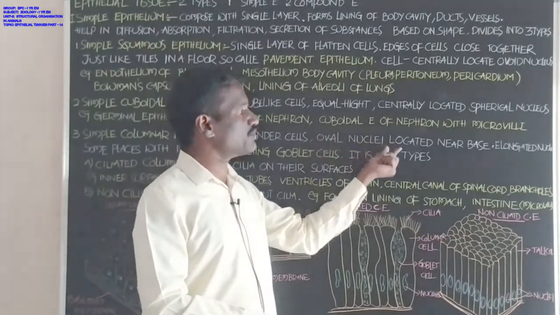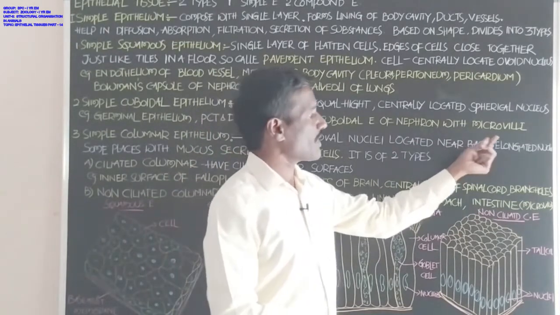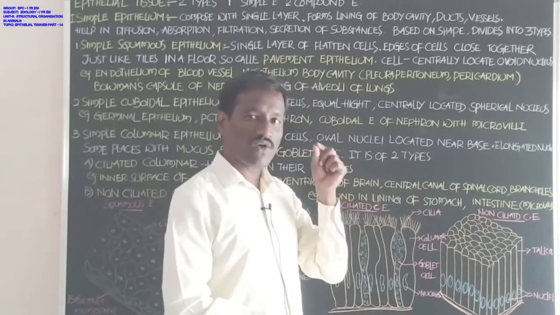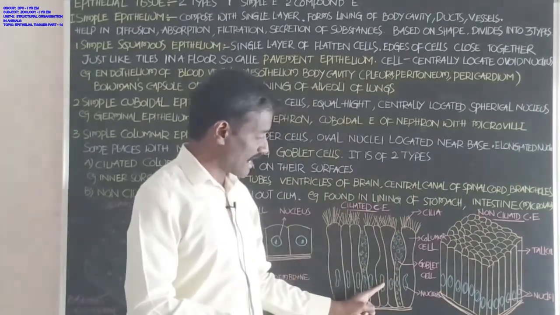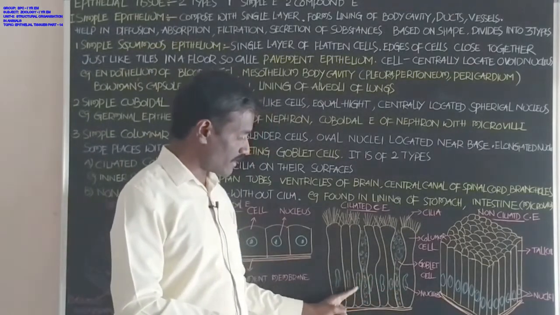The oval-shaped nuclei are located near the base of the cell, and the nuclei are also elongated.